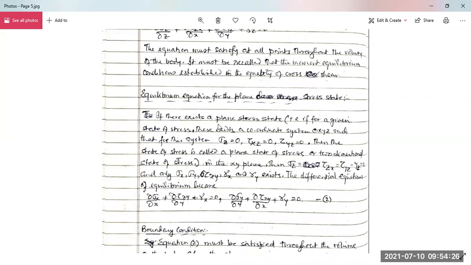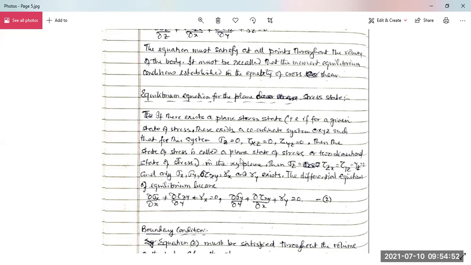Now, if there exists a plane stress, it means for a given state of stress there exists a coordinate system OX, OY, OZ such that along the z-axis, sigma z is equal to 0, tau xz is 0, and tau yz is equal to 0. Then all stresses, tensile as well as shear, are 0 along the z-axis itself.